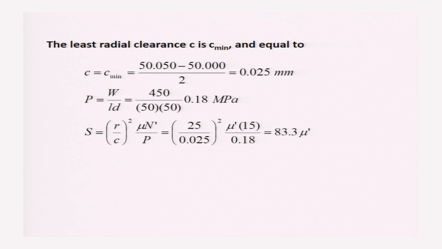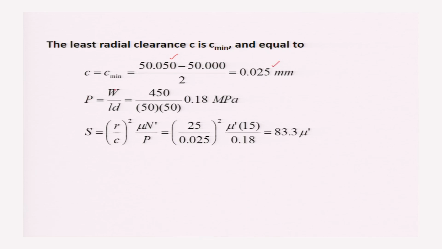So, the least radial clearance C is the C minimum, and it is equal to 50.5, the inside diameter of the bush considering the tolerance, minus 50.000, divided by 2, and that will give you the clearance.